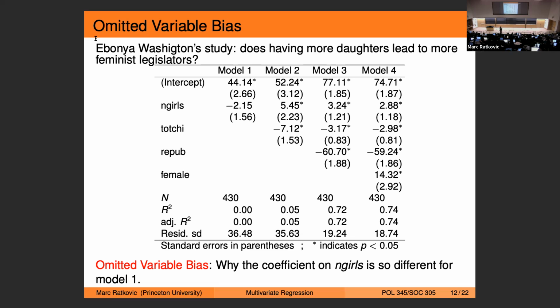Total number of children, also a one child increase, but fixing the number of sons and daughters and fixing their party and their gender, a 1 unit increase in total number of children leads to a decrease of about 3 points on NOW's score. It's also statistically significant. Party is actually doing most of the work on predicting the vote.